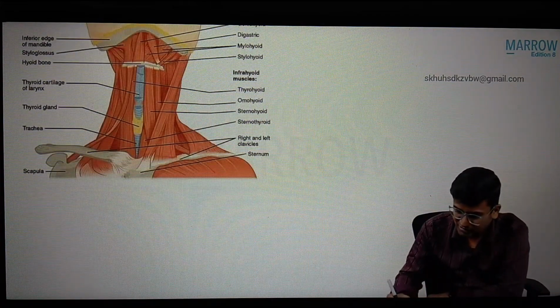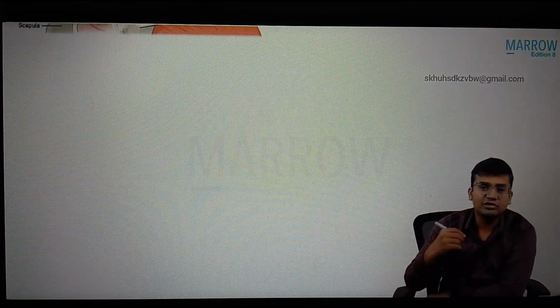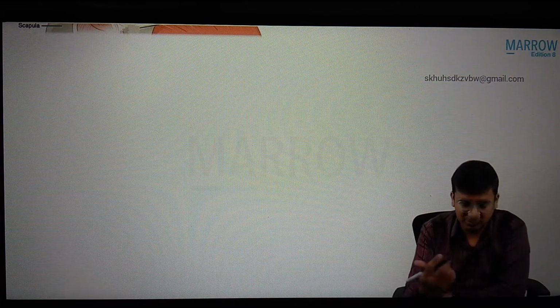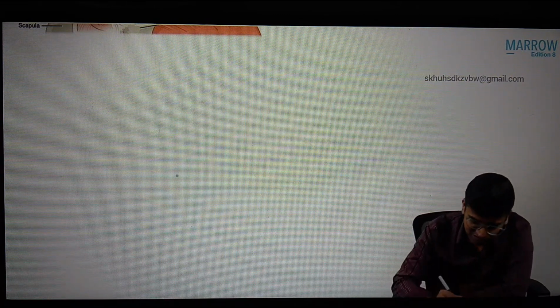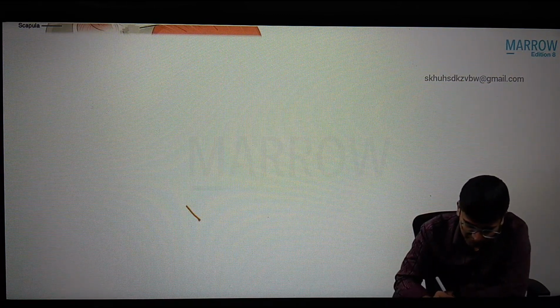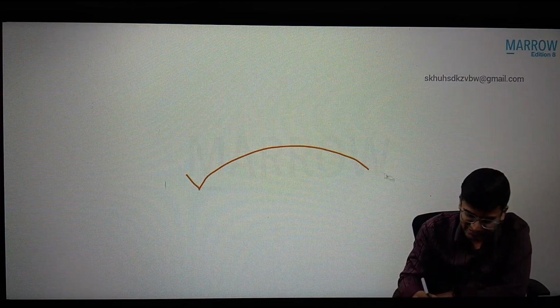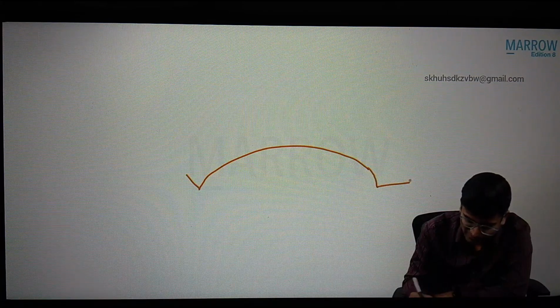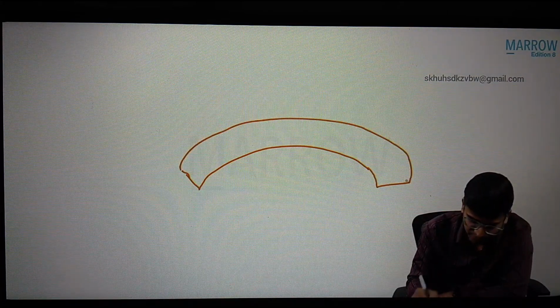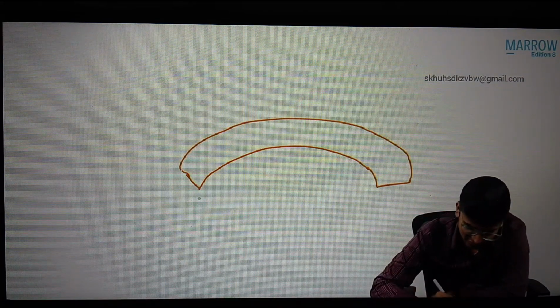Now, we're going to draw the diagram for the surfaces of the thyroid gland. So, this is the thyroid gland, and the thyroid gland has a covering, the false capsule.